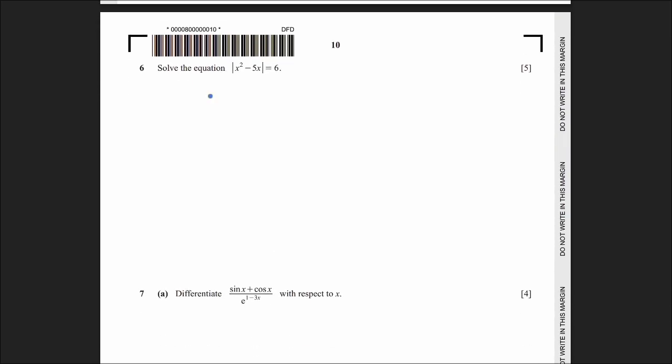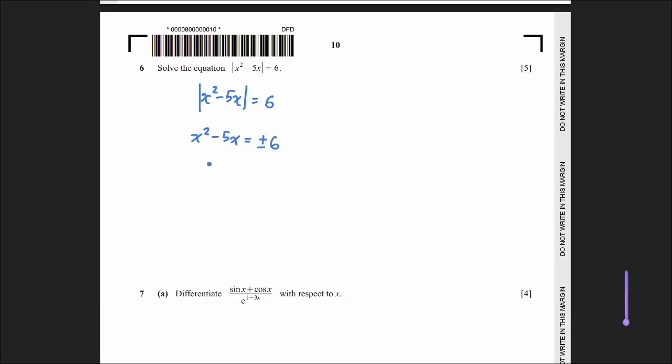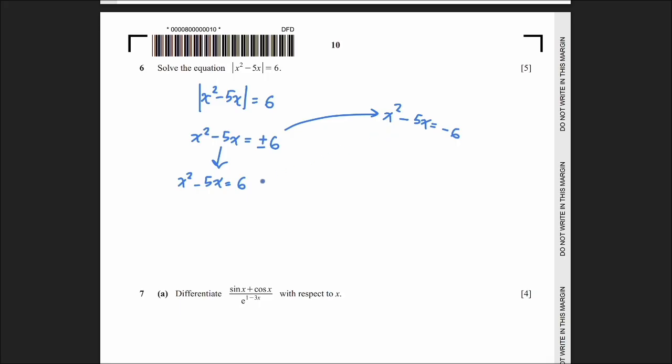Easy one. X squared minus 5x, absolute. So what this means is x squared minus 5x can be both plus 6 and minus 6. So from here we get two equations, that is x squared minus 5x equal to 6 and x squared minus 5x equal to minus 6.